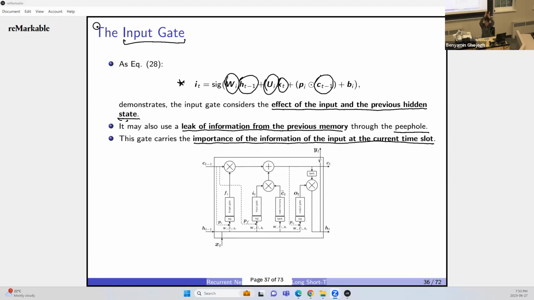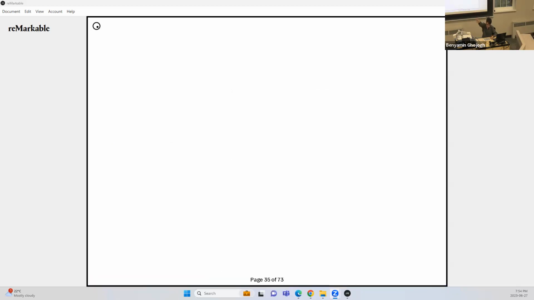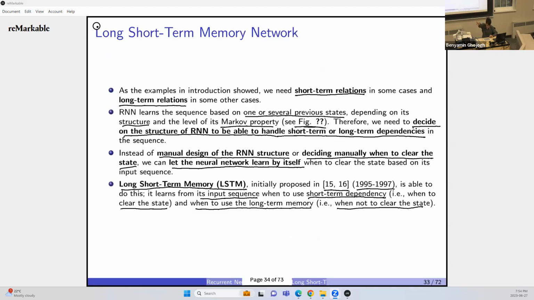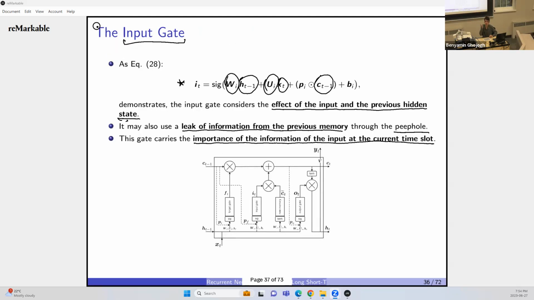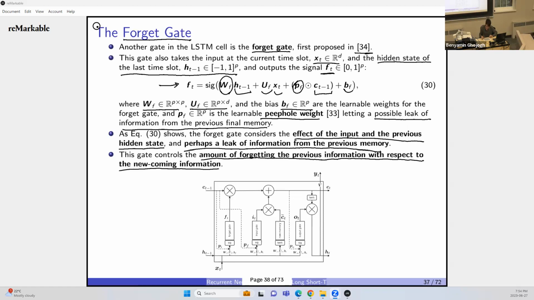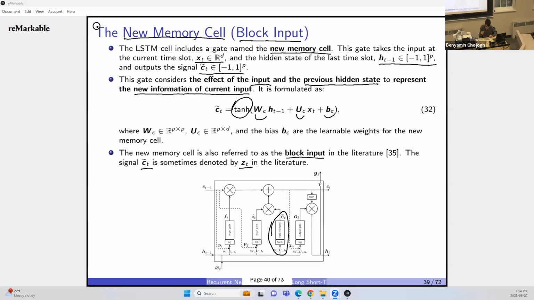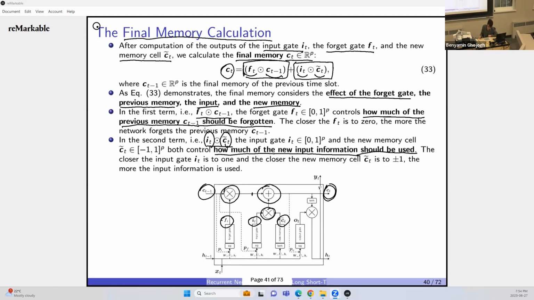So if UI is large, it uses XT. If UI is small, it doesn't use XT with respect to HT minus 1. Also, at the same time, I'm multiplying the output of the input gate IT by CT tilde, which means I can control it by CT tilde also. So now we aggregate these two effects and it gives us CT, and it goes to the next cell.